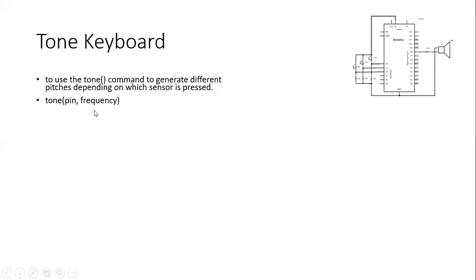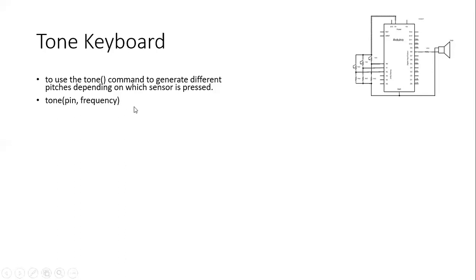And I'll show you later the tone is basically a function which is developed in a header file called pitches.h. So from pitches.h we derive this function called tone, and we specify the pin number where the speaker is connected, and also we specify at what frequency it has to make a sound.